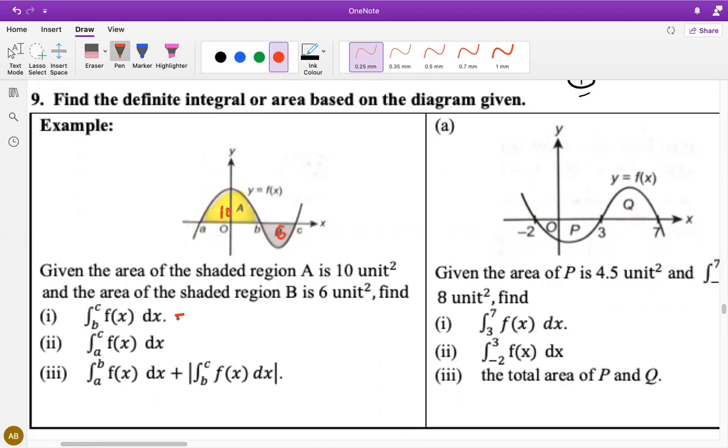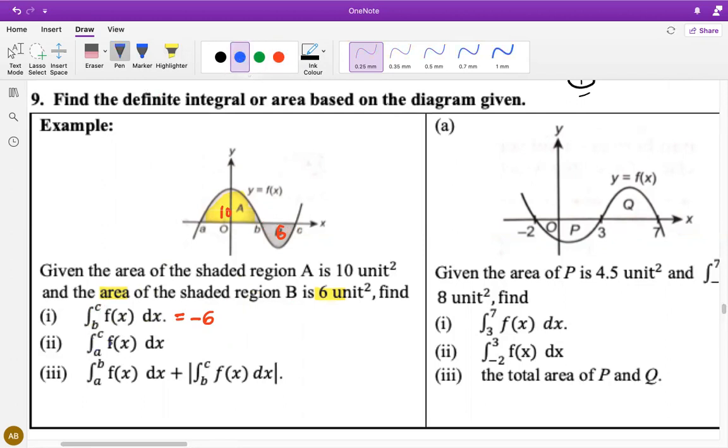If the question asks you to determine the value of the integration from b to c, the answer is -6, but the area is positive. The area must always be positive, but the value of integration can be negative, so remember.